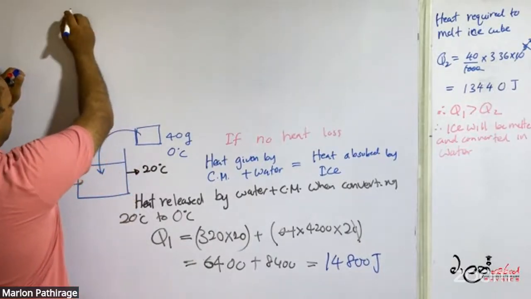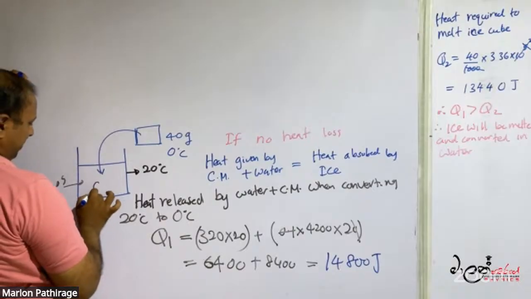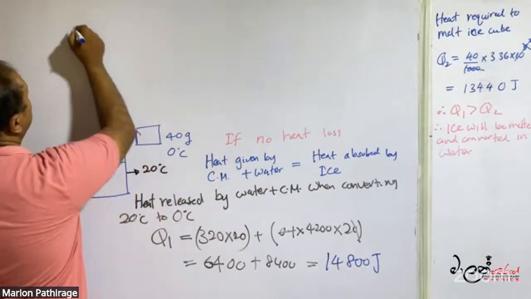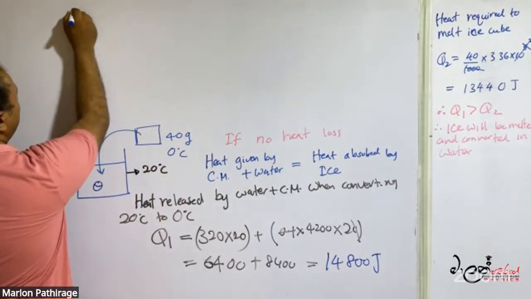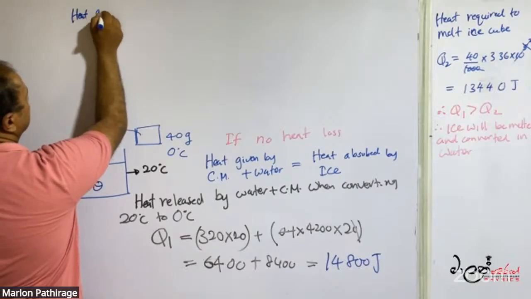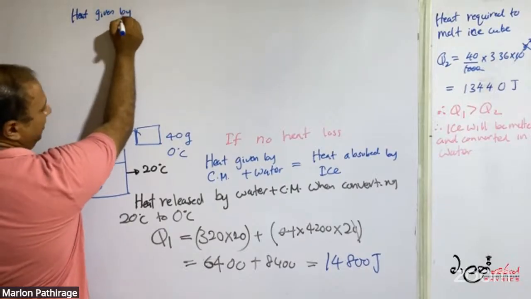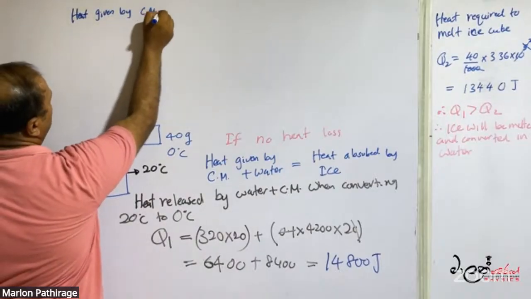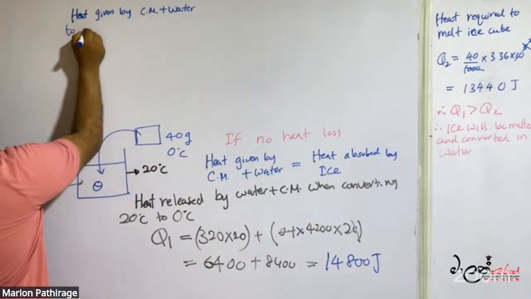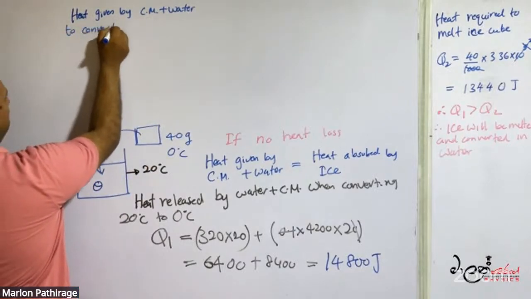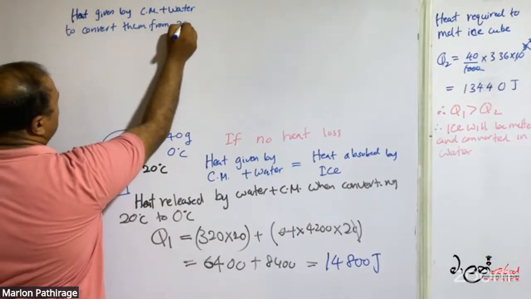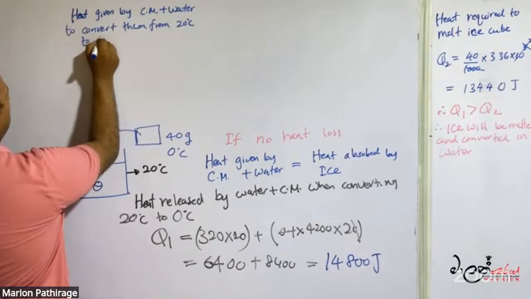Therefore, if the final temperature is θ, the heat given by the calorimeter plus water, going from Celsius 20 to θ.